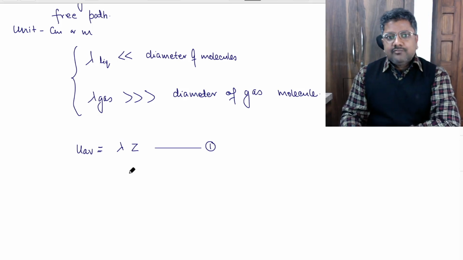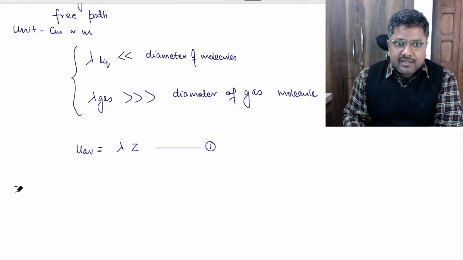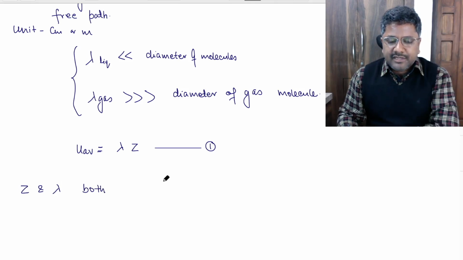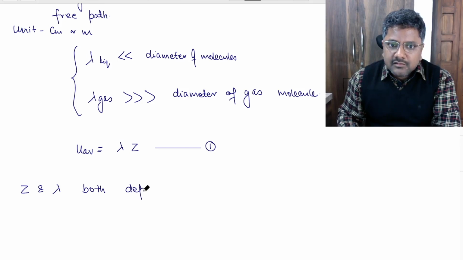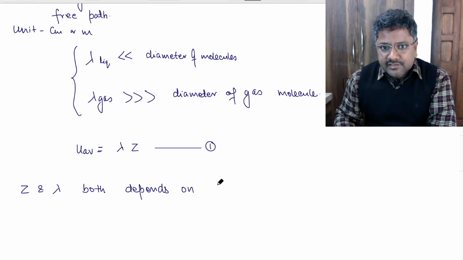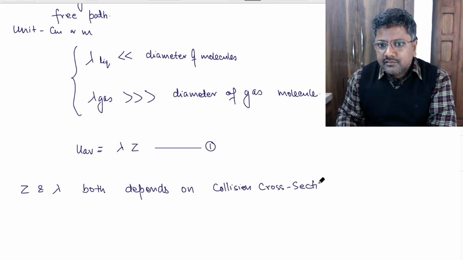And one very important point is that Z and lambda both depend on the collision cross section, sigma, and this is equal to pi into d square.